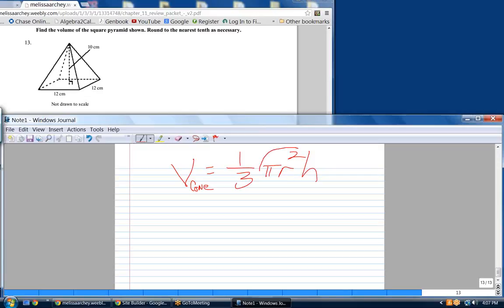It's the area of the base. In other words, it's the same as the volume of a cylinder, only it's 1/3 of it because it goes to a point instead of a full cylinder all the way up. And that's the key thing to remember: when you go to a point, you lose 2/3 of your volume.